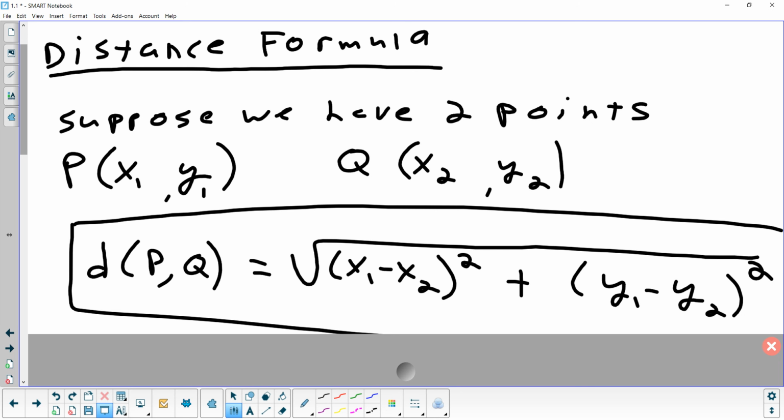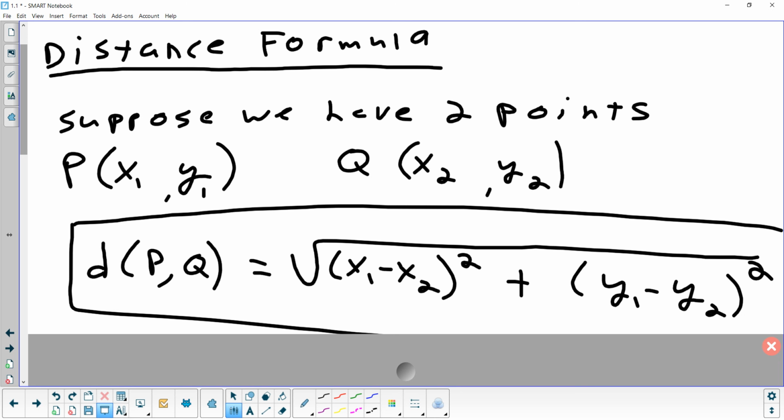So this formula has 5 variables in it. If you're like, 5, I only see 4. Yes, there's 4 on the right, and then the variable you're solving for on the left is the distance. So out of those 5 variables, you will always be given 4 of them.